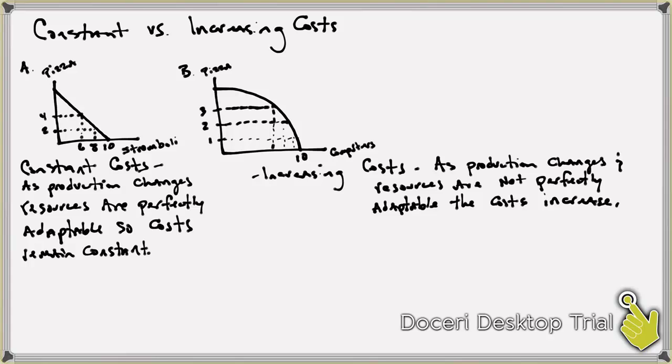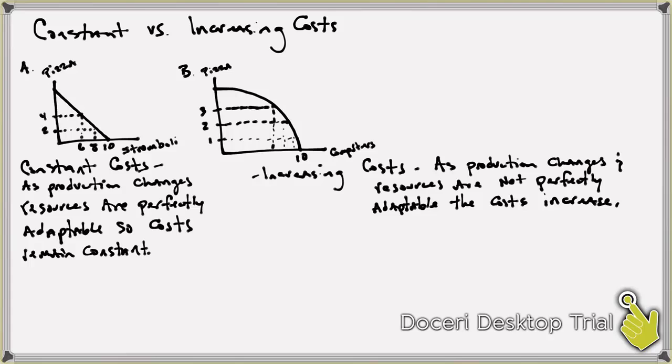So the idea here is that the amount of computers that we're giving up to gain pizza is going to continue to increase. The cost or the ratio will not be constant. It will increase. And that's because the resources are not perfectly interchangeable. When we want pizza, we can't use all of the computer resources to go and make pizza.